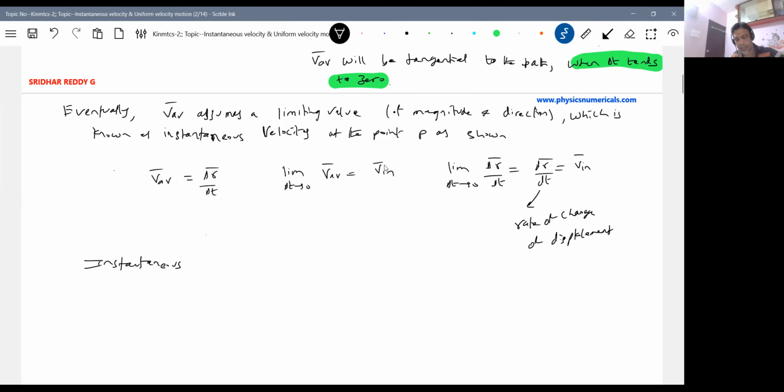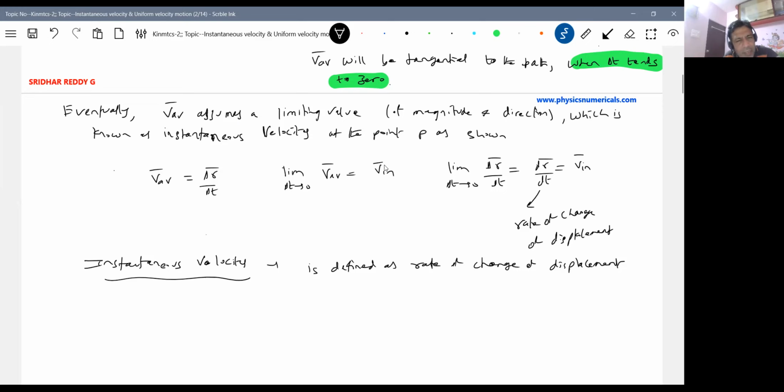Instantaneous velocity is defined as rate of change of velocity. Sorry, rate of change of displacement. So this is one basic idea of this.